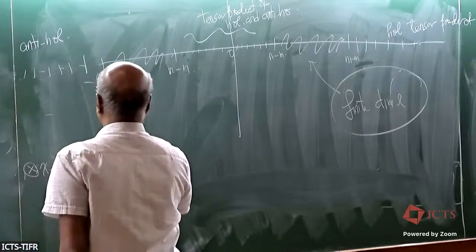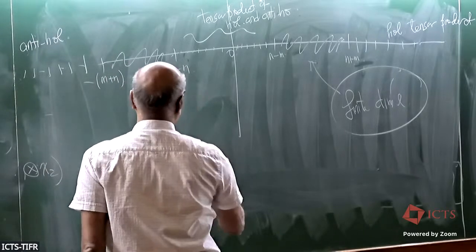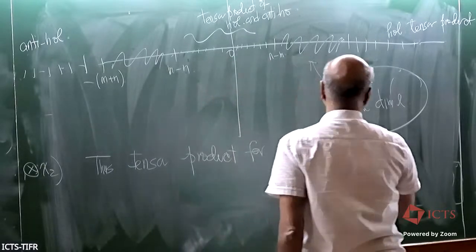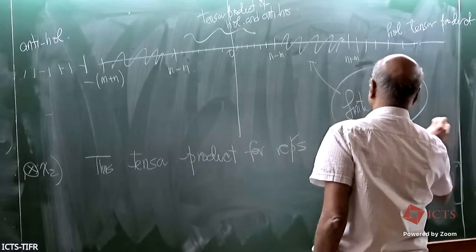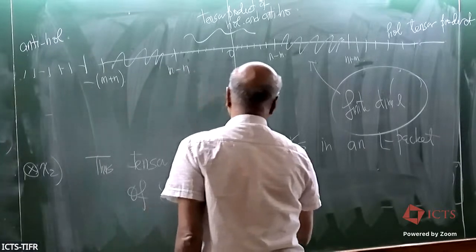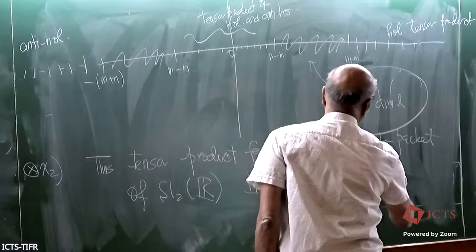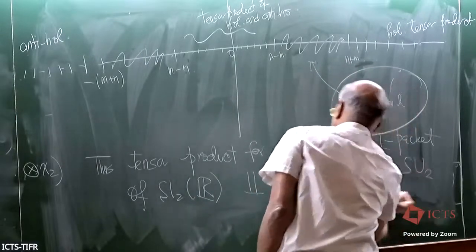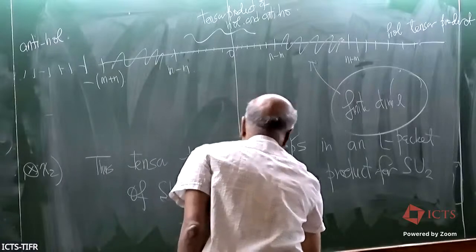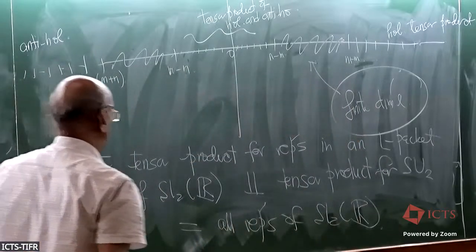Thus the tensor product for representations in an L-packet of SL2(R), disjoint union with the tensor product for SU2, equals all representations of SL2(R) with multiplicity 1.